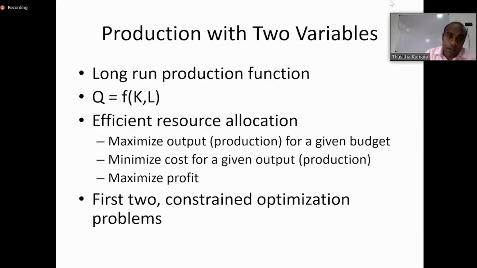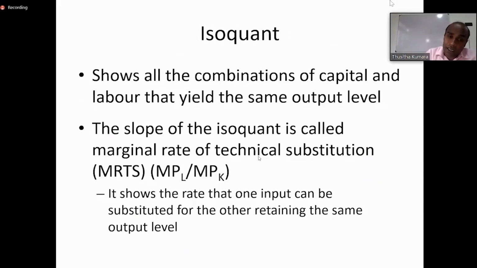It's a curve. The slope of the isoquant is called the marginal rate of technical substitution, or MRTS. We have the marginal rate of substitution, which we did not discuss in this class. Marginal rate of substitution means, if you want to keep the same utility and you have two goods or services, you can give up some of the goods which are available with you and go for something else.